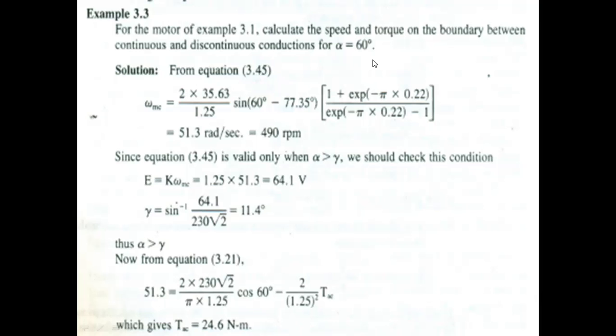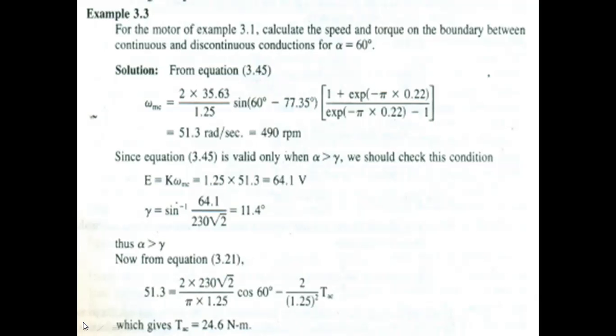At the boundary between the discontinuous and continuous modes, we have to find out the speed and torque. So here we have to find out the speed omega m.